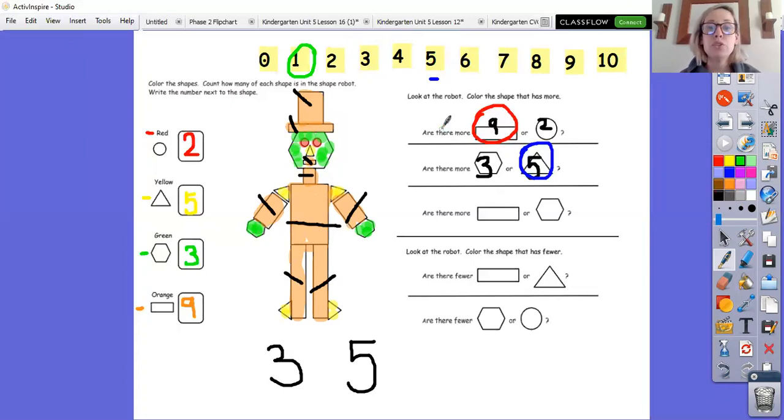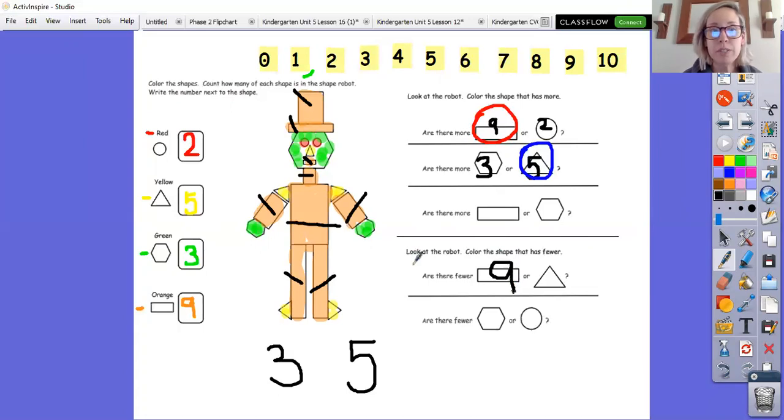All right, so it says, look at the robot, color the shape that has fewer, or we could say less than, okay? So are there fewer rectangles? So we're looking at this orange one again. Ooh, what number was that? That was 9, okay? So that was 9. So I'm gonna write that right in there.